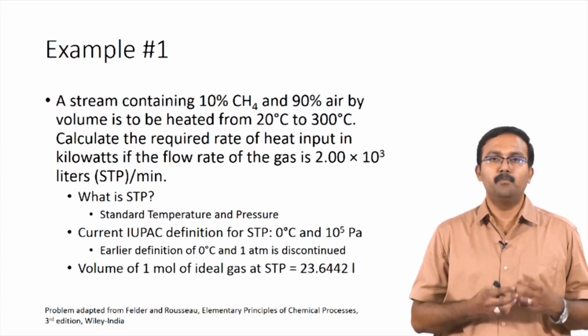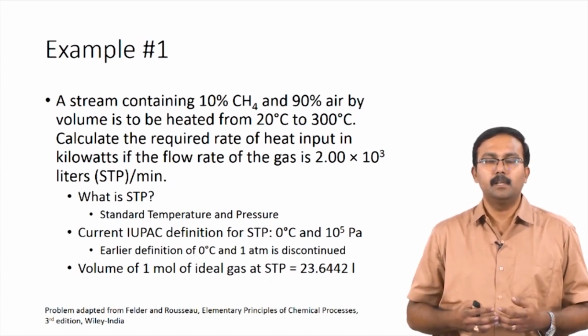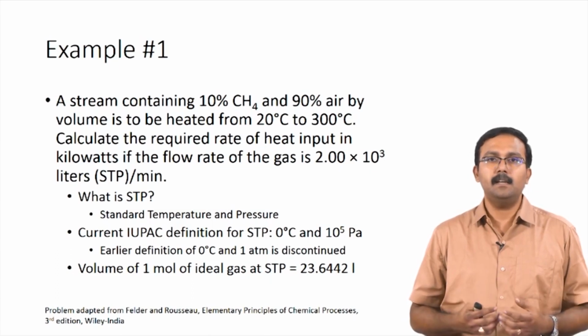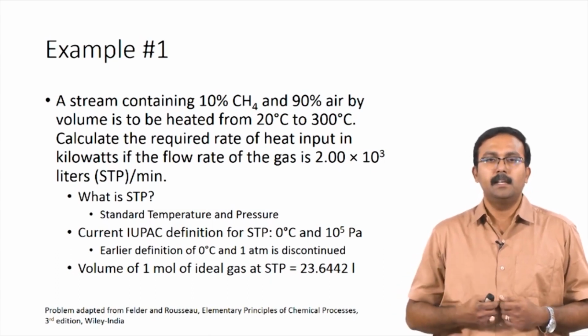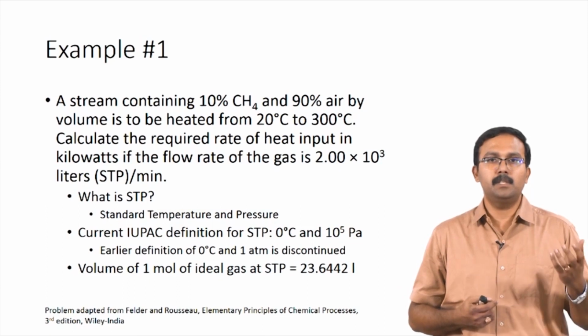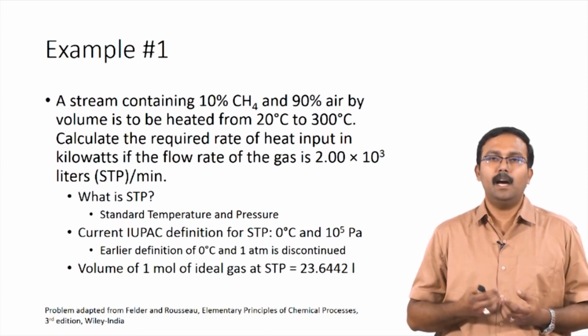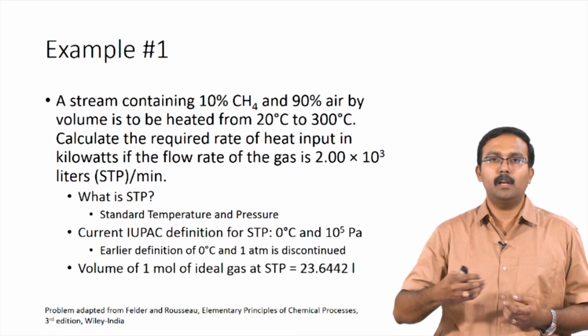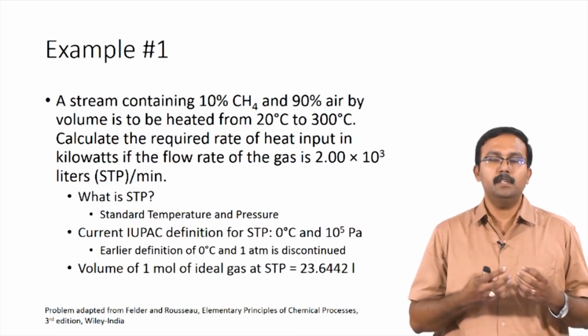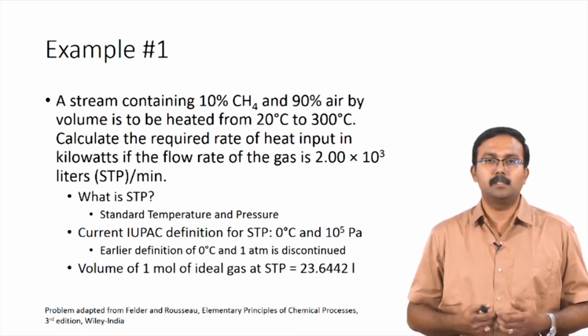So the number of moles can be calculated from here. This is just a way of representing molar flow rates. Instead of using the inlet conditions of 20 degrees Celsius, we have to use STP conditions to calculate the number of moles of the mixed gas entering the system.